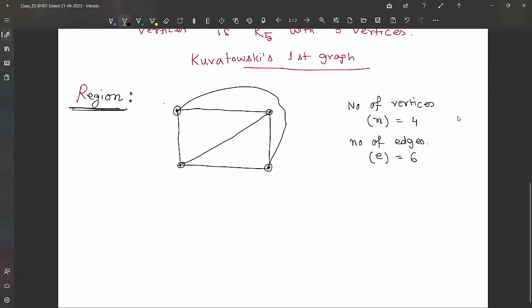Here this is the first region R1, created by this triangle. This is the second region R2, this is the third region R3, and the total outer portion is another region, R4. So there are basically four regions. We denote the number of regions by R, and here R is equal to 4.